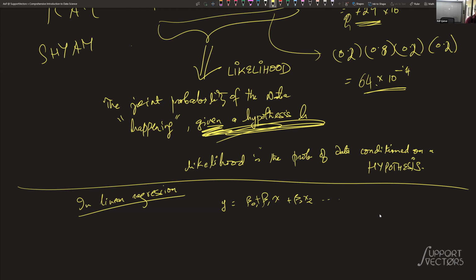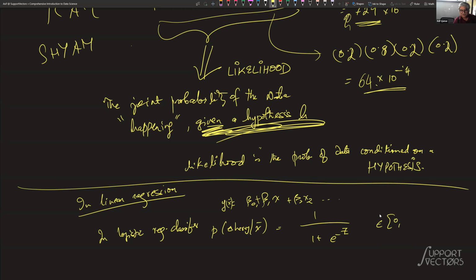On the other hand, in classification, in logistic regression, the classifier gives the probability of a given class, let's say cherry, given x, equal to 1 over 1 plus e to the minus z, and it belongs to the set 0 to 1. It only goes from 0 to 1, right? So these are the two realities.